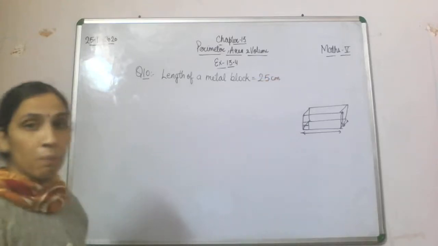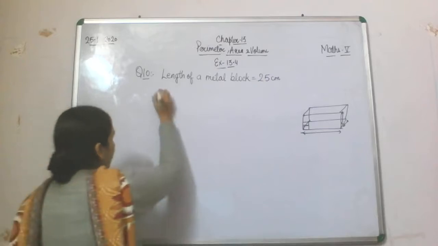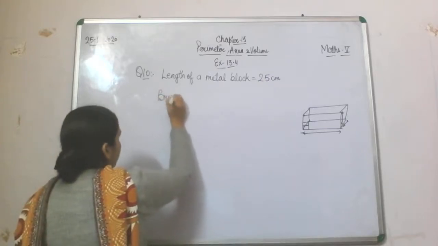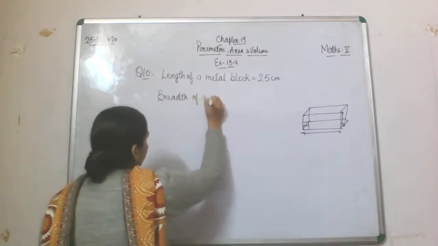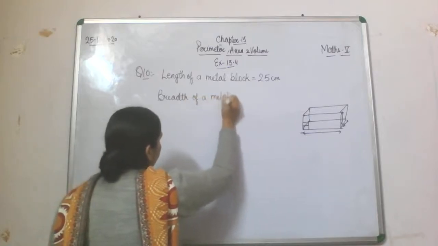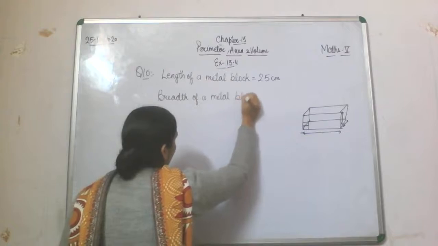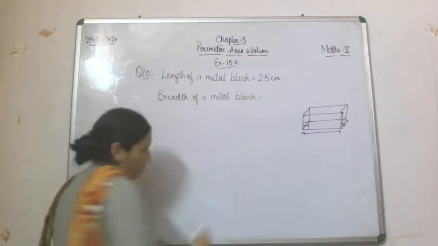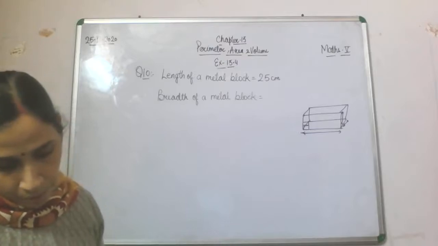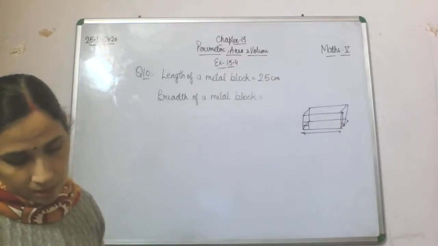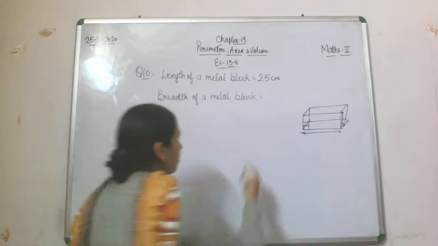After that, the breadth of a metal block is 15 centimeter.